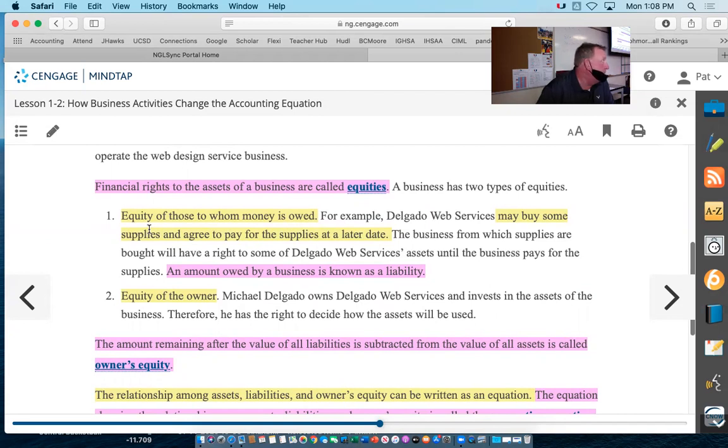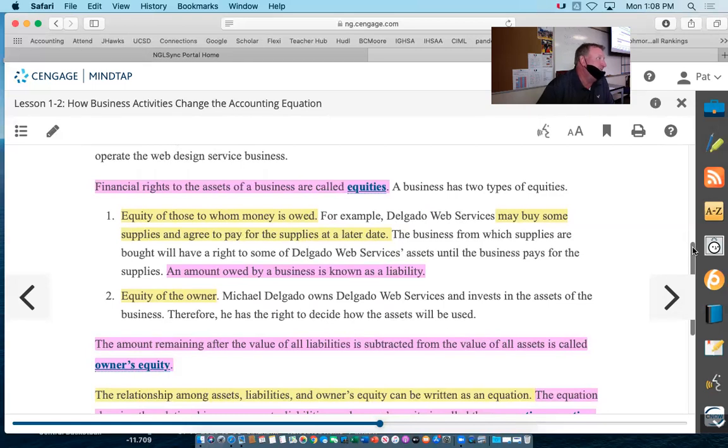Sometimes we will owe money, and we'll call that a liability, which means I'll owe somebody money. But most of the time, the equity is the owner. Michael Delgado is the owner of this sole proprietorship. So all the equity, all the money that is made after paying all the bills is his.